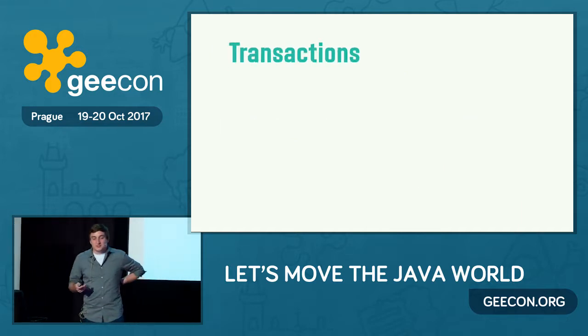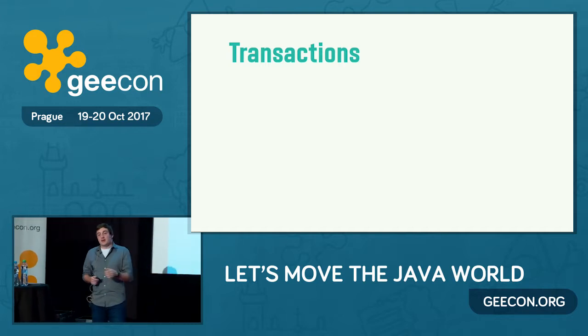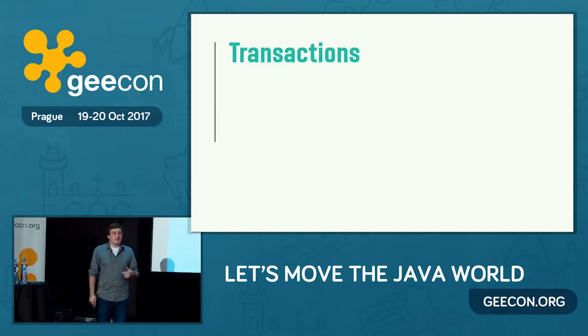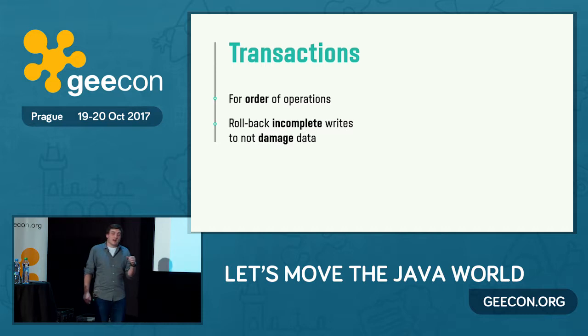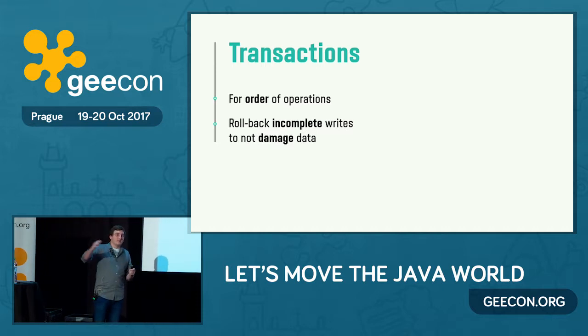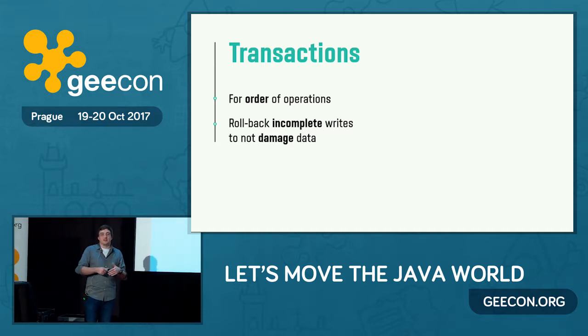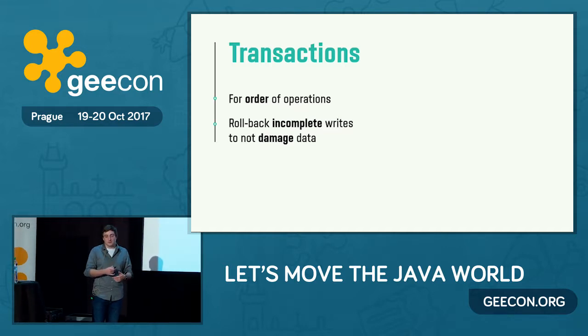And the write operations bring me to transactions. You have two kinds of use cases for transactions. The first one is that I want to preserve the order of operations, and I already showed that we don't need that. The second use case is that I either want to write everything or nothing, because otherwise I would end up in a damaged state with damaged data.